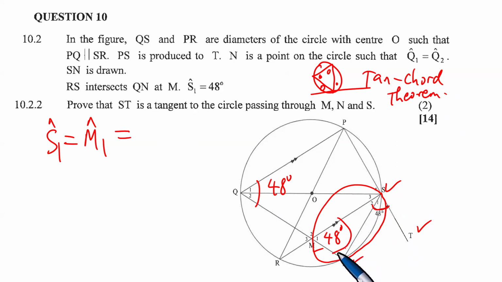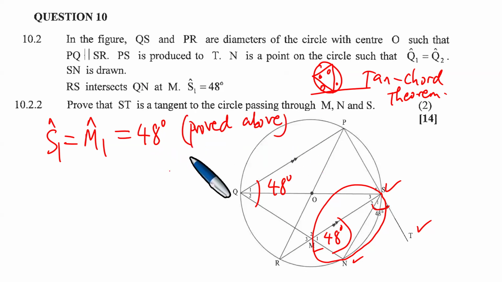So angle S1 is equal to angle M1, and they are equal to 48 degrees. Why? Because it was proved above.